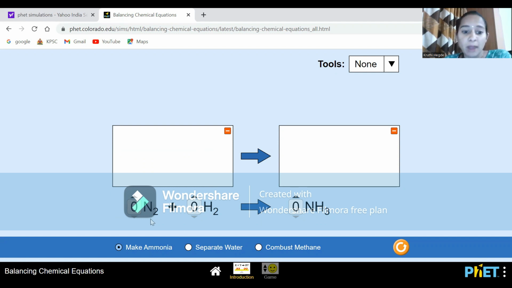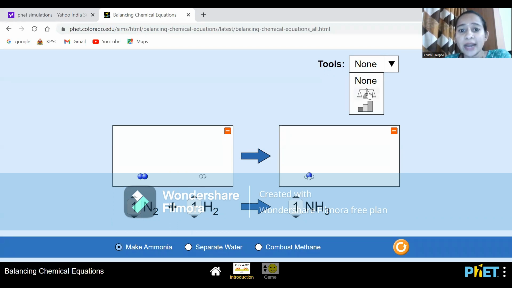It is formed by the reaction of nitrogen, N2, with hydrogen. Here, in order to balance it, let us first take one of each molecule. One molecule of nitrogen, one molecule of hydrogen, and one molecule of ammonia.